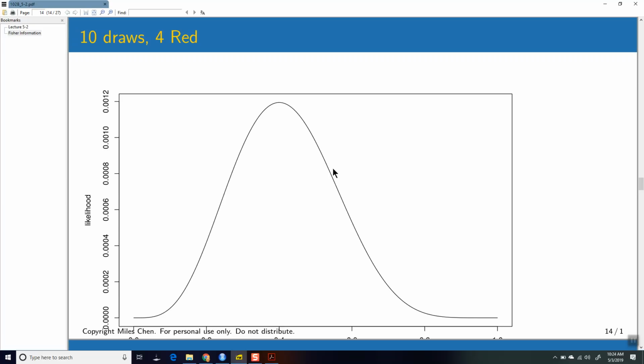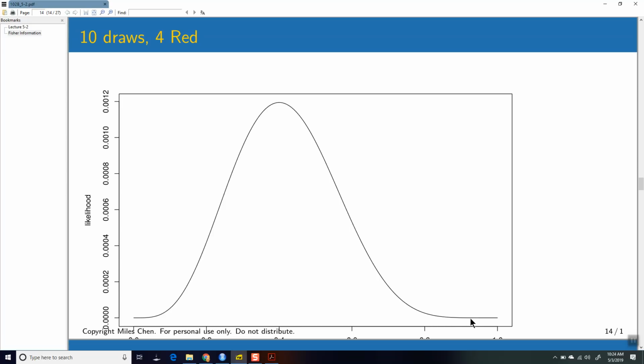Basically what I want you to see is that, yes, there's a maximum at 0.4, and it looks nice and pretty, but this also tells us that values like 0.3, 0.5, 0.2 and even 0.6 all have fairly high likelihoods.